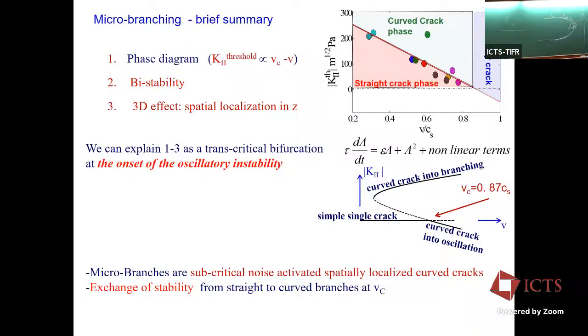Any other questions? Yeah. Does the K2 perturbation go away via the formation of one microcrack? For instance, does it release the shear stress, and then it has to build up again for the formation of the second crack?